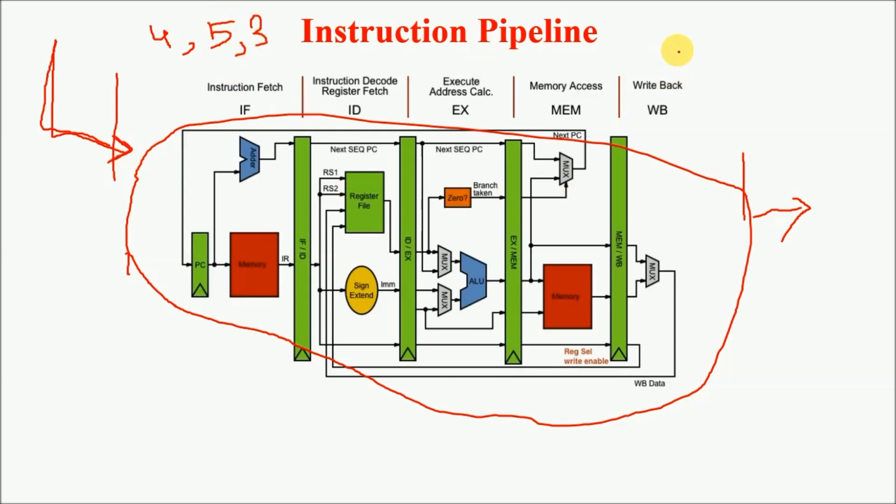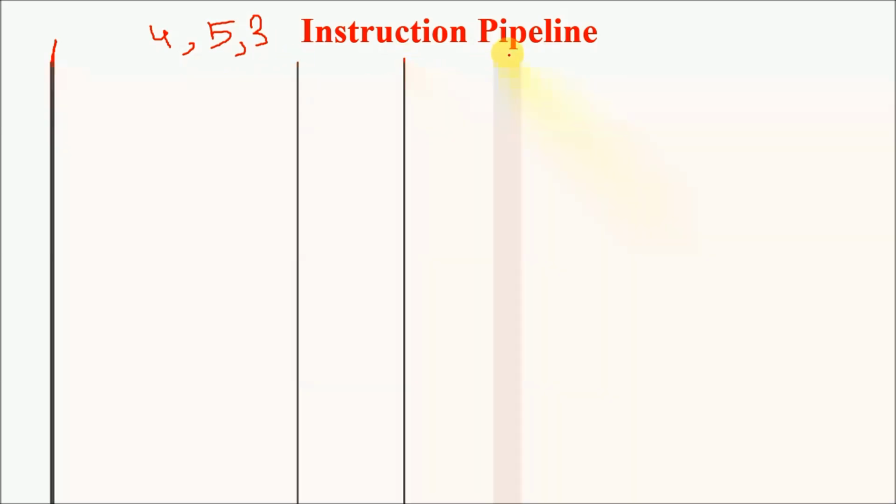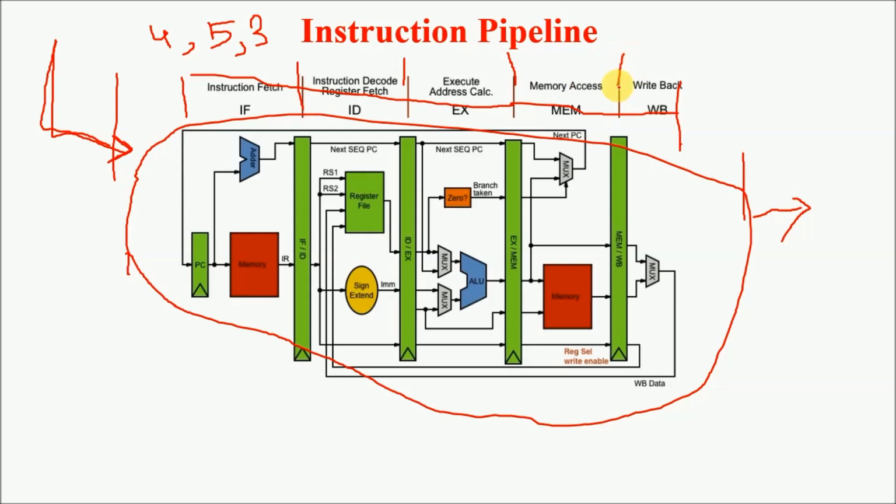Now in pipelining, the concept is that the whole procedure of instruction execution will be divided into some smaller stages. Suppose the whole instruction execution is divided here into 5 stages.